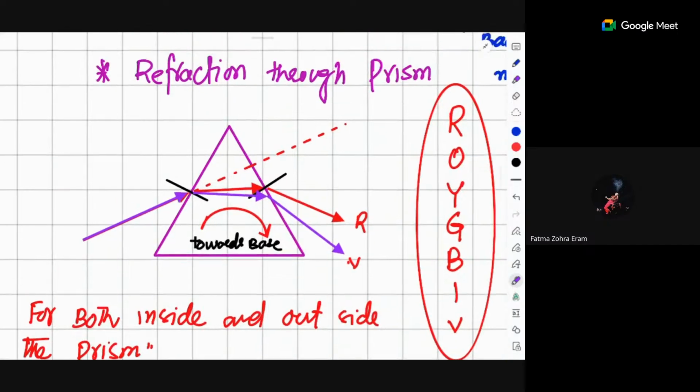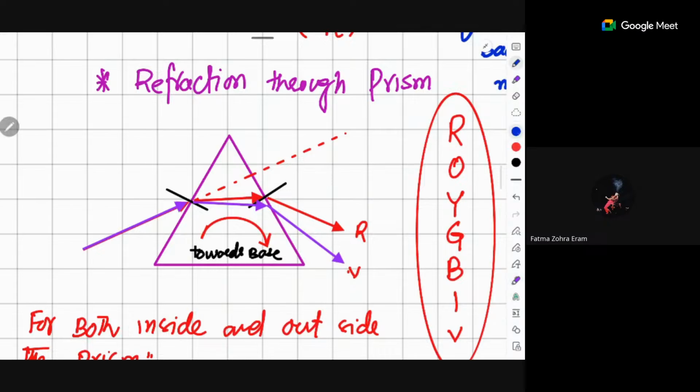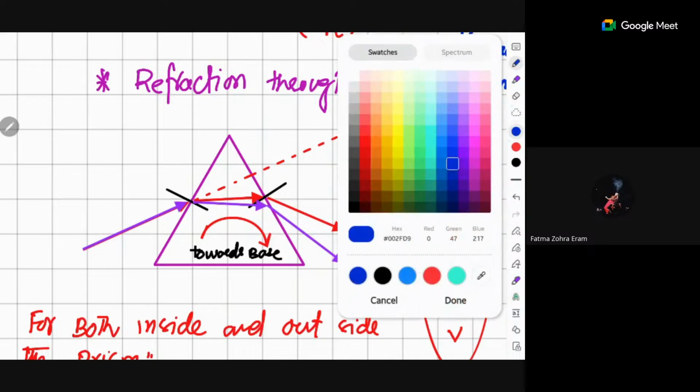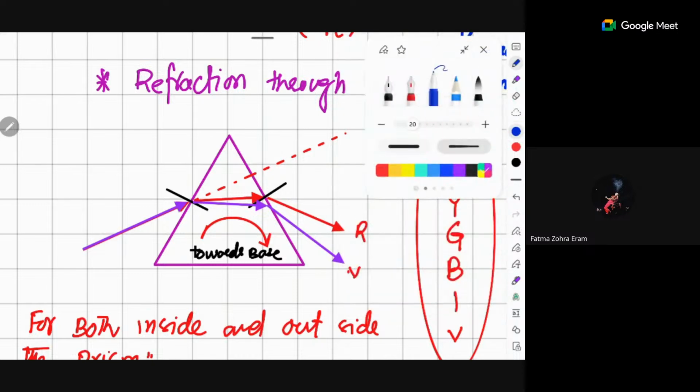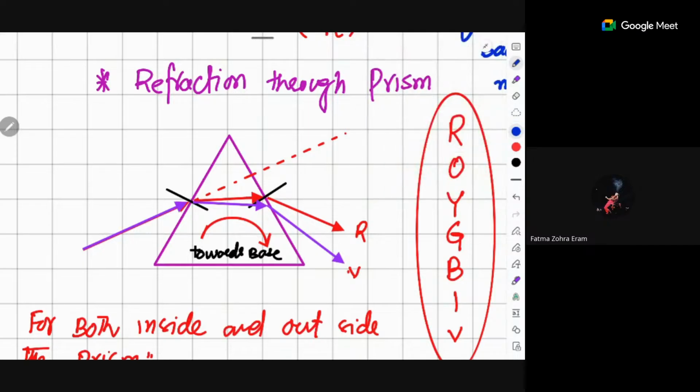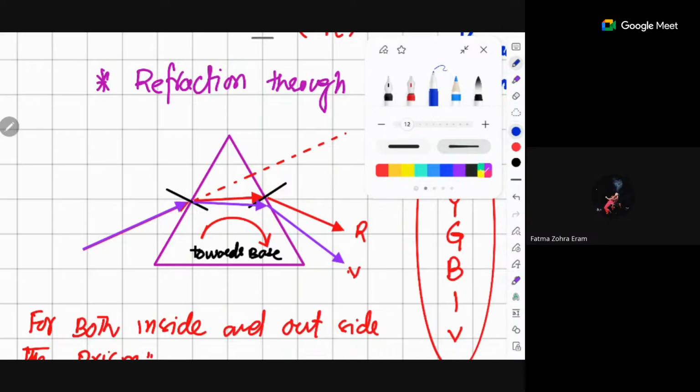There are two reasons for this. Reason number one, the light has different wavelengths, lambda.